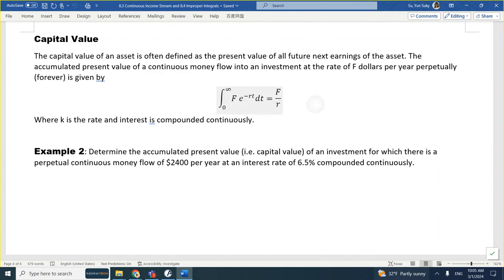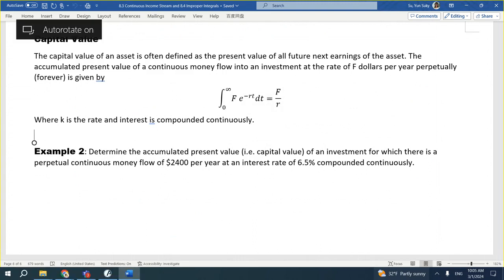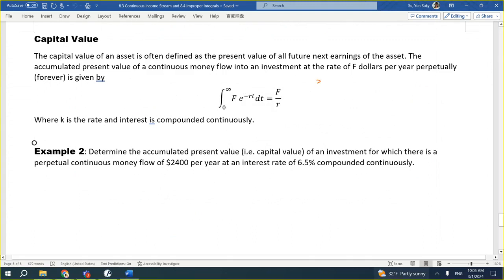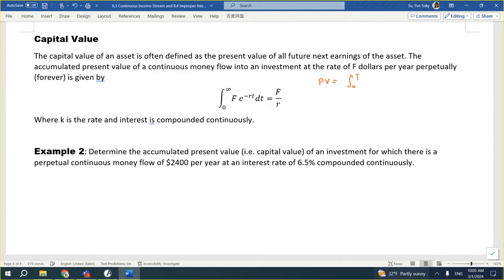Okay? And how do we get this? You remember our formula of the present value? It was the integral from 0 to t of f of t e to the minus rt dt. Do you remember that? And now it says forever.